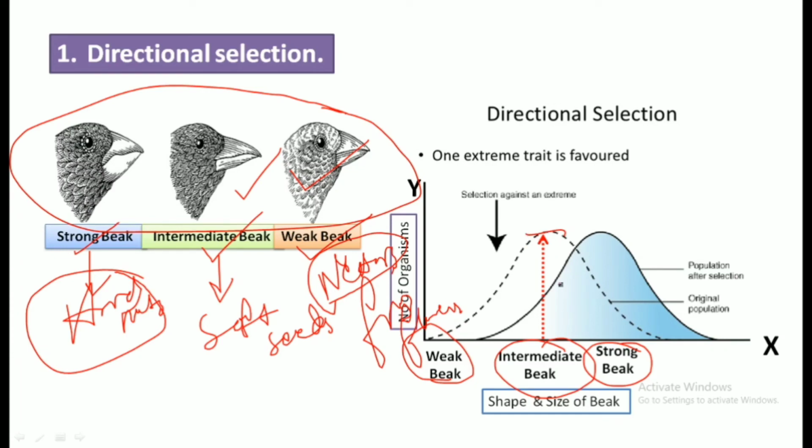Now consider a situation when nature affects the population, like bringing drought or extreme conditions, when nature has limited the food resources. As a result, competition for food starts between all three types of finches.